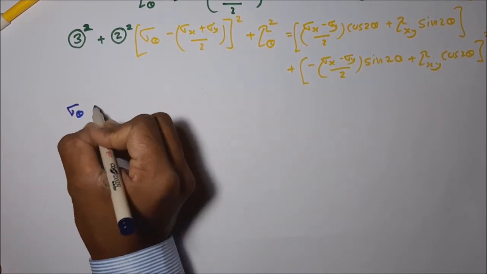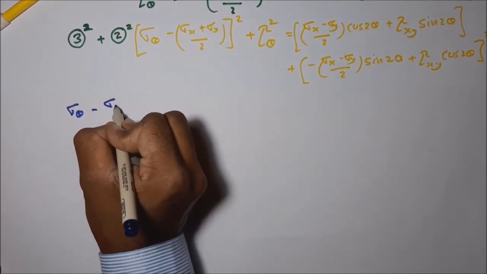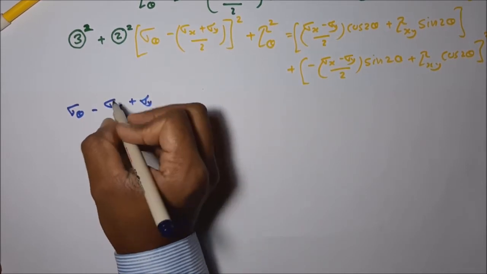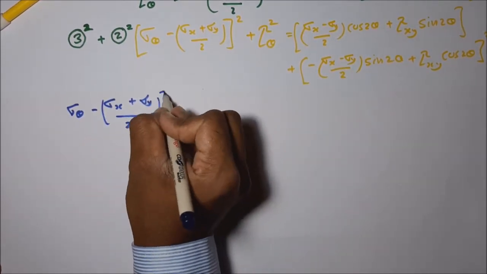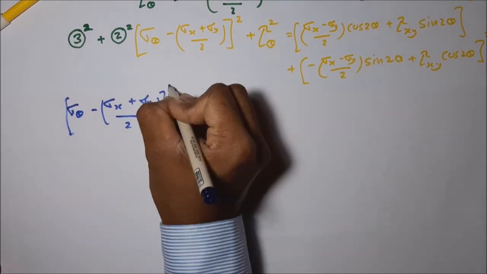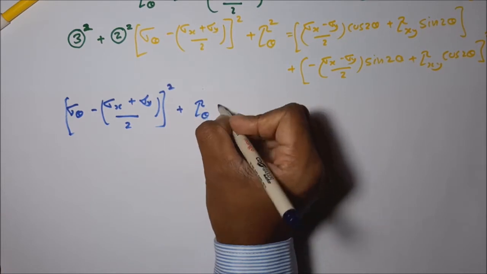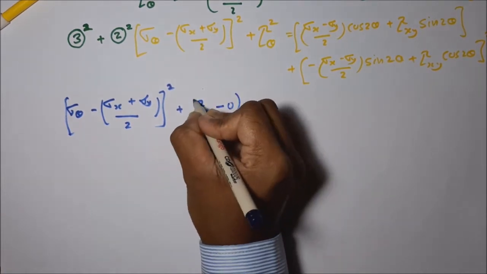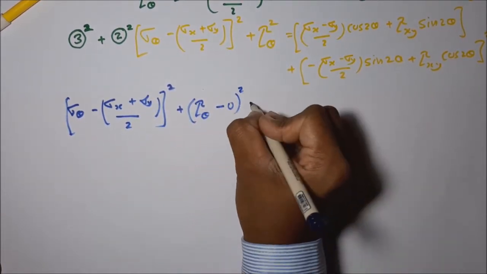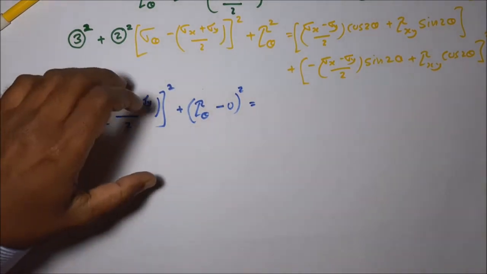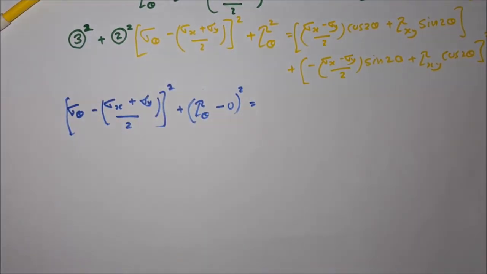Sigma theta minus sigma x plus sigma y divided by 2, squared, plus, for the tau theta, I am going to write in this format. There's no variation because sigma theta minus 0, no problem.